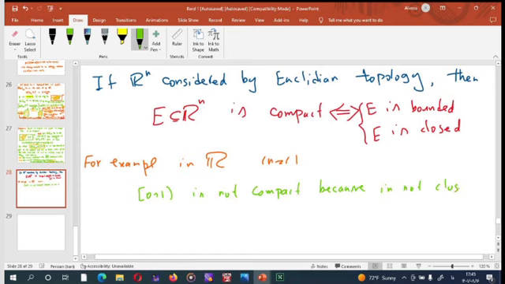Okay, this is not closed, so this is not compact. Or this set is not compact because it is not bounded. Okay, not bounded.